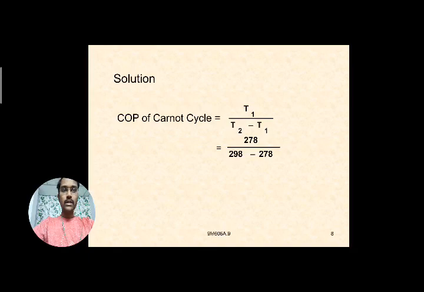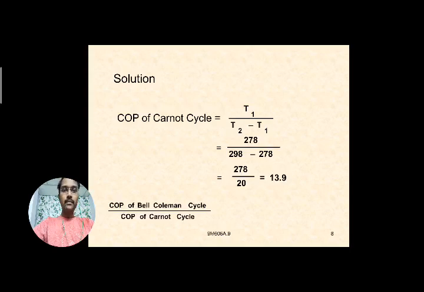Knowing the temperature values, we can easily find the COP of the Carnot cycle. It is equal to 13.9, whereas the COP of the Bell-Coleman cycle is 1.72.